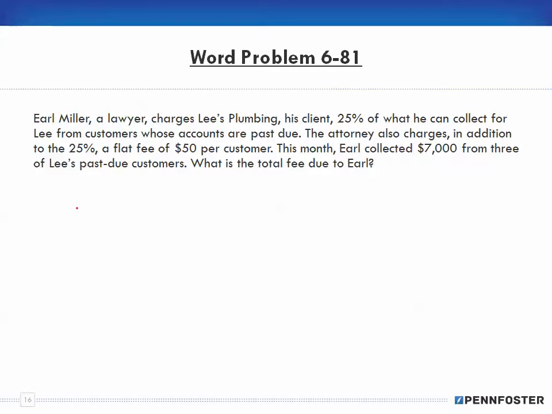So he's charging 25% of whatever he collects and a flat fee of $50 per customer. This month, Earl collected $7,000 from three of Lee's past due customers. What is the total fee for Earl?